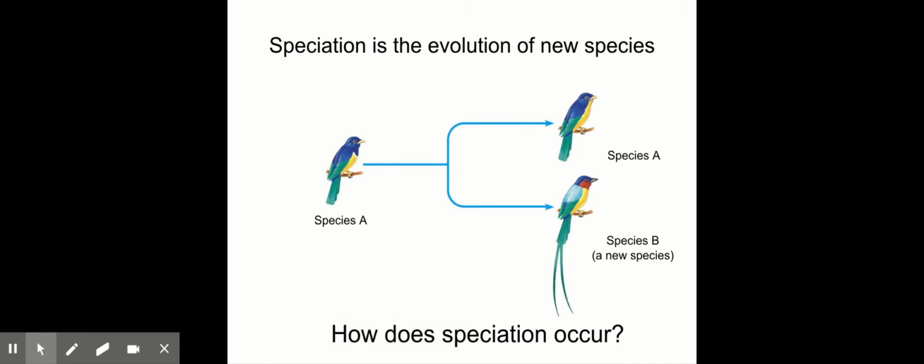So one group within the species might stay the same and keep the features of the original species, but another group or population within the species evolves differently and diverges enough, becomes different enough from the original that they can't interbreed anymore. And now they are two distinct species, and there has been the evolution of this new species. So what can lead to this type of reproductive isolation and speciation occurring to produce new species?